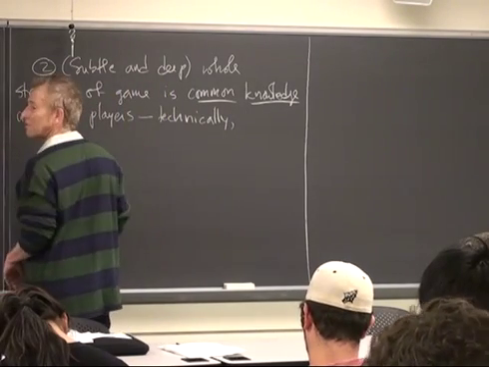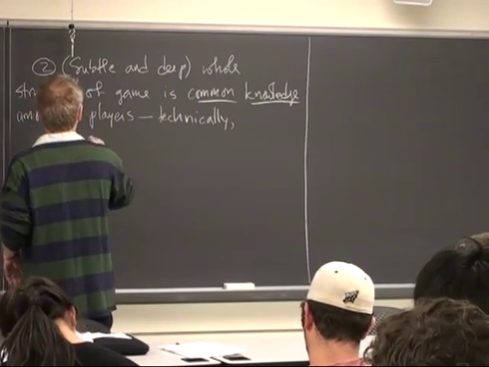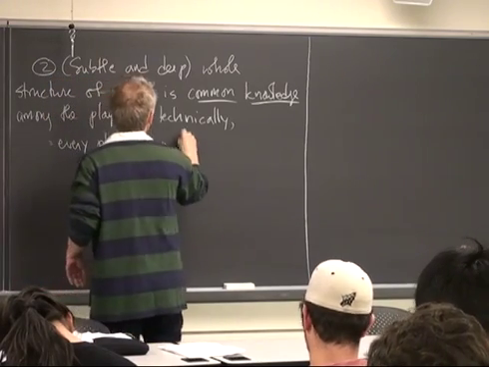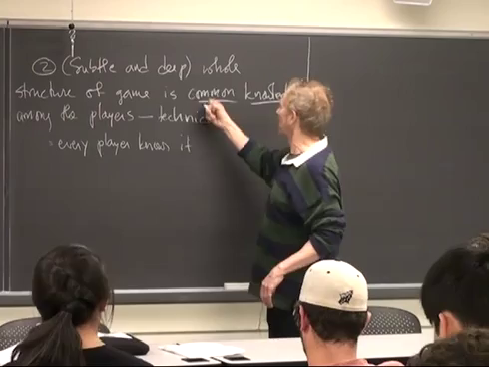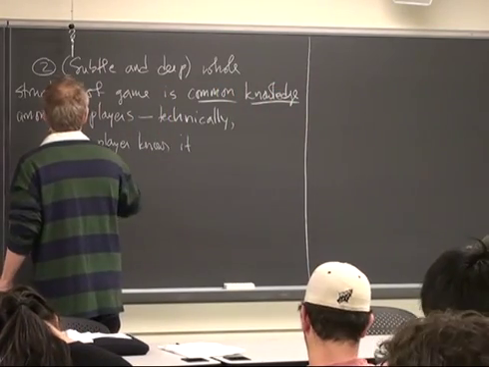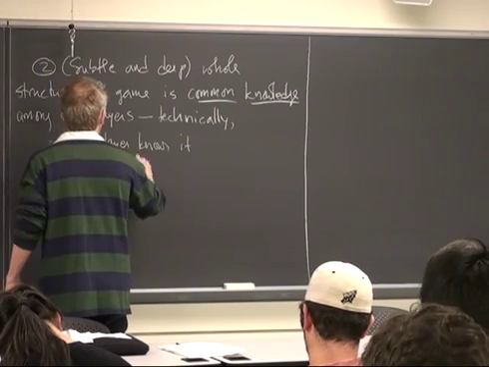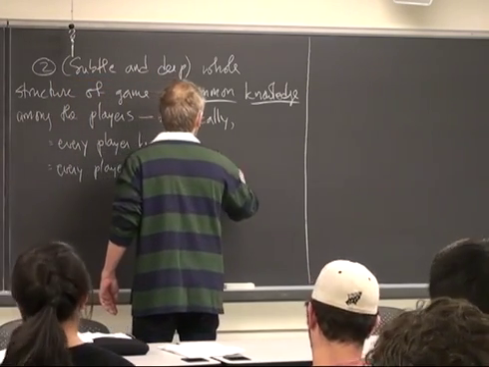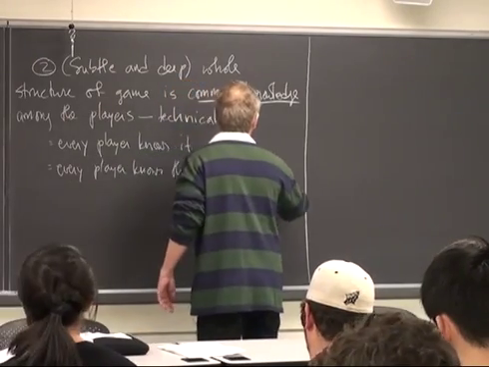It means that, technically, it's a list of infinitely many assertions. Every player knows it, it being the whole structure of the game. Every player knows that every player knows it.